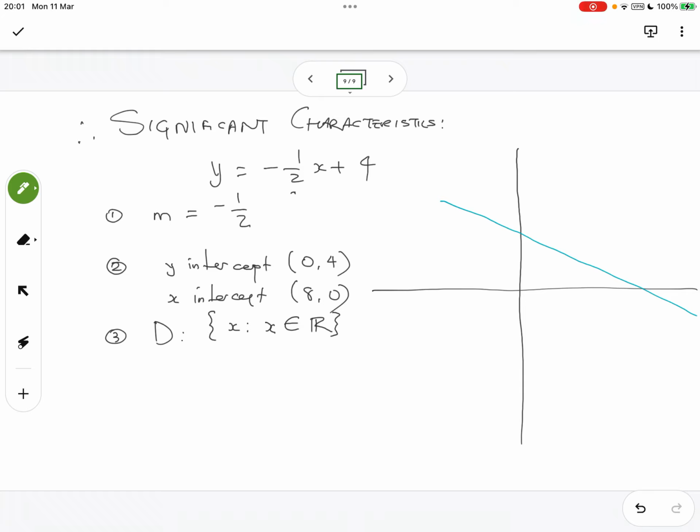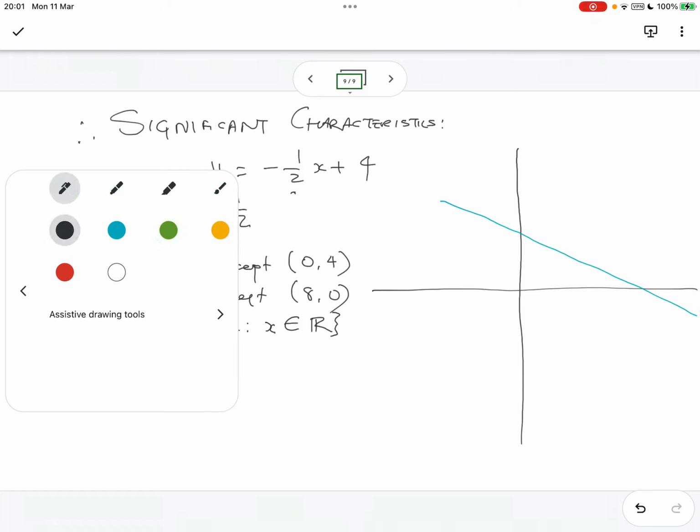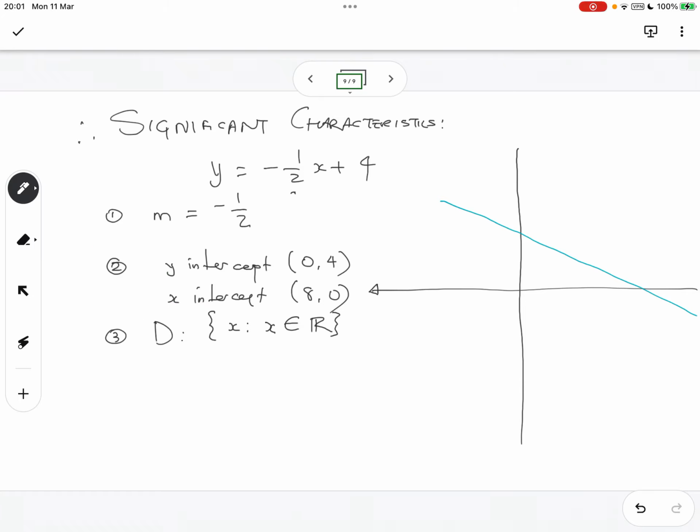When we look at the x values, the values here on the straight line, you don't need to make it complicated. It's pretty straightforward.